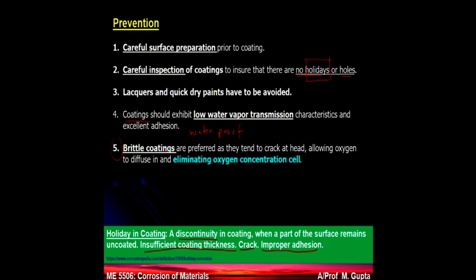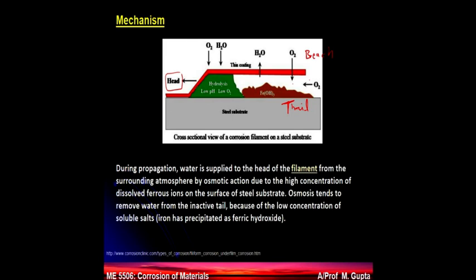How do you understand how the brittle coating works here? If you go to the previous slide, you see how the damage progresses from the breach, or you use a technical term now, holiday. Some kind of improper part of the coating is a holiday.